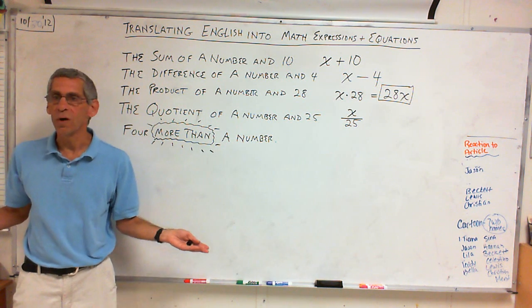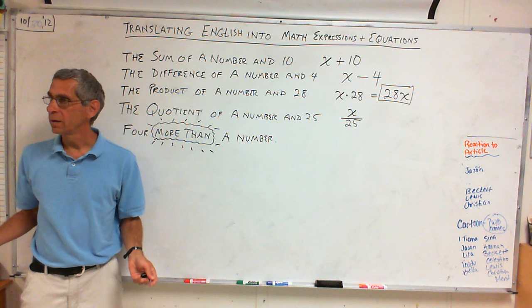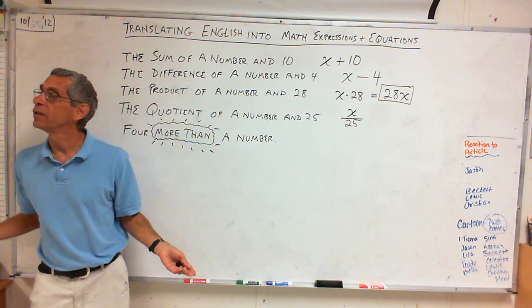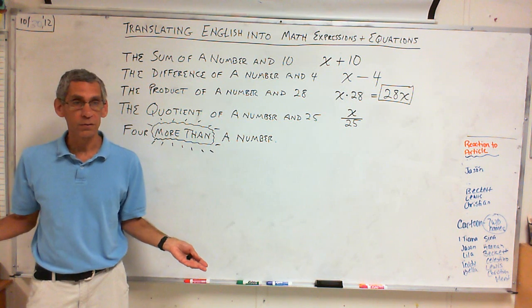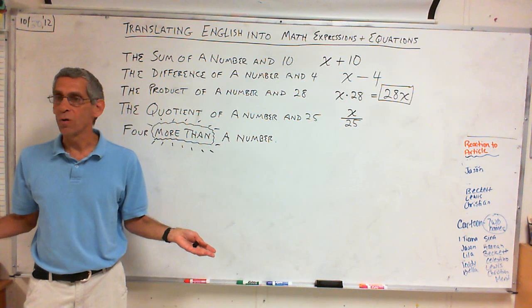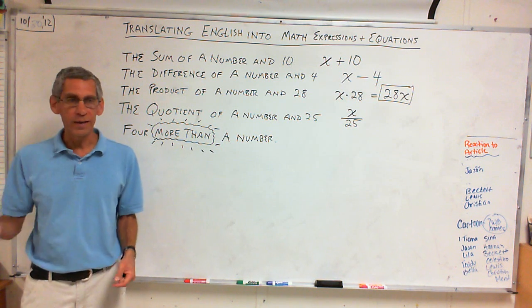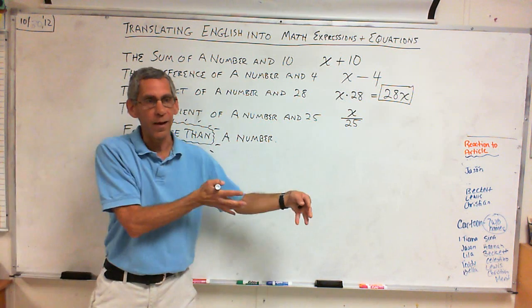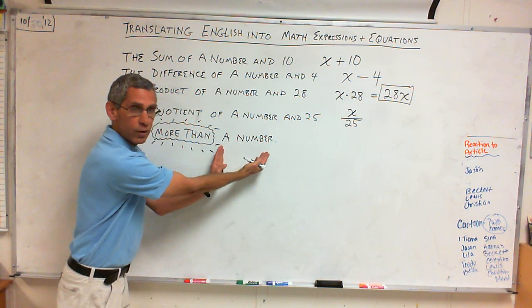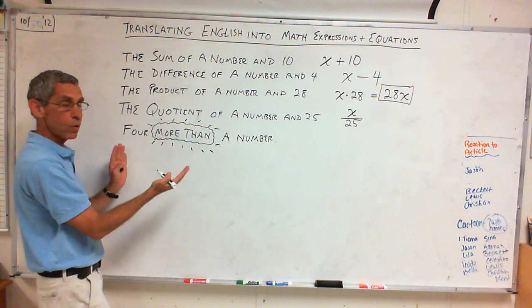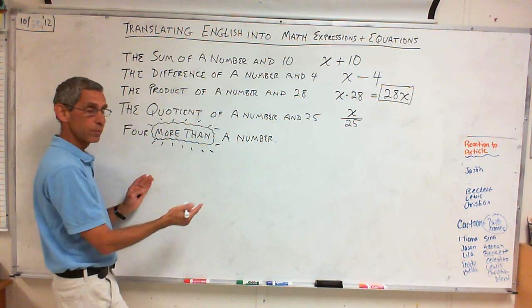More what? More than what? I have 4 more than Satara does, right? I need to know what Satara has so I know how many I have. I need to know my number first, so I put my number first. It's weird, but watch this.